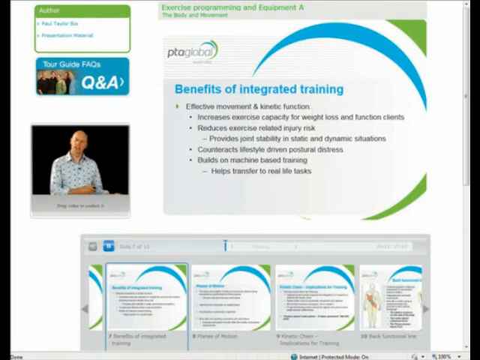And also it has a tendency to counteract the lifestyle-driven postural distresses that we have. You know, we drive a lot, we sit a lot, we don't do things that are very natural and standing up and moving a lot. So some of those things with integrated exercises, if you prescribe them very well, can have a really good impact upon some of the postural distresses that we encounter all the time.